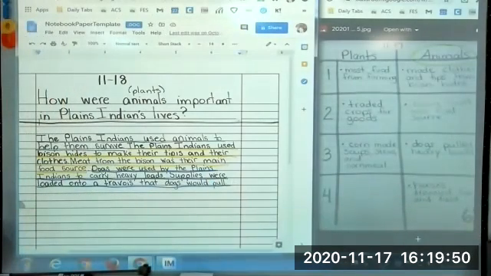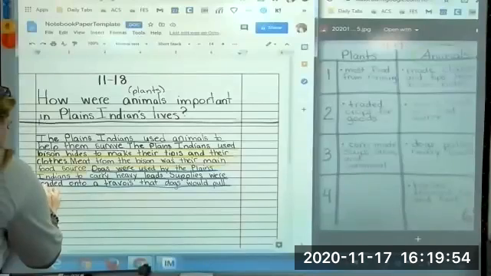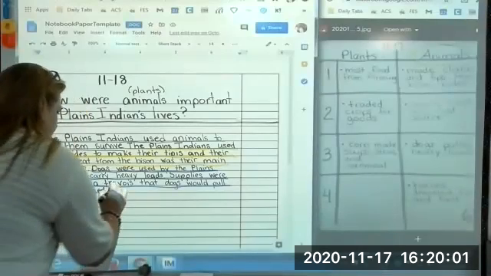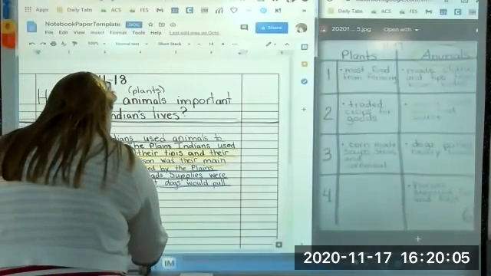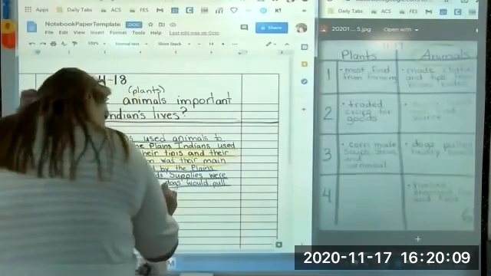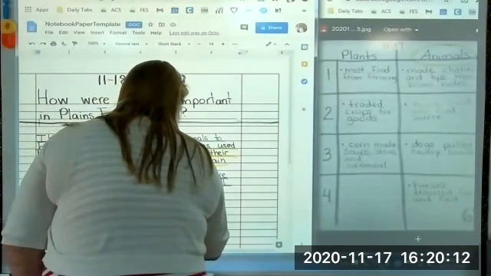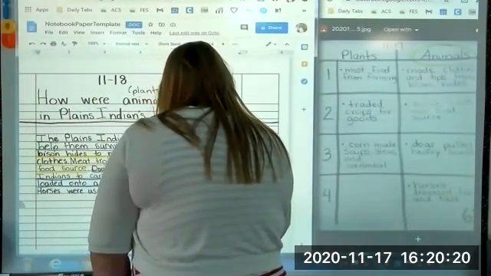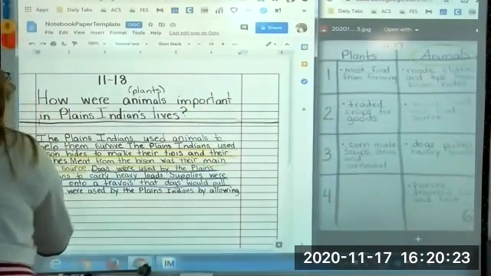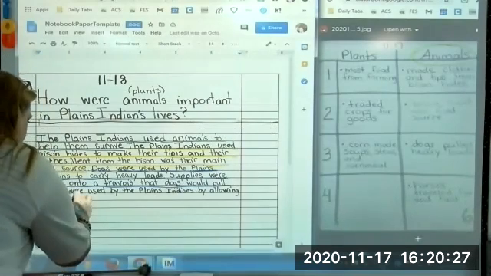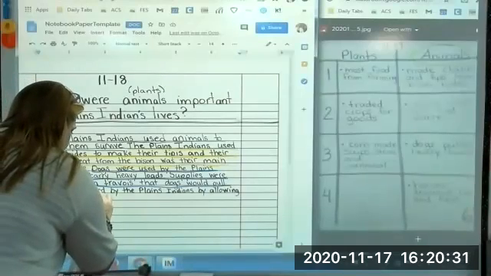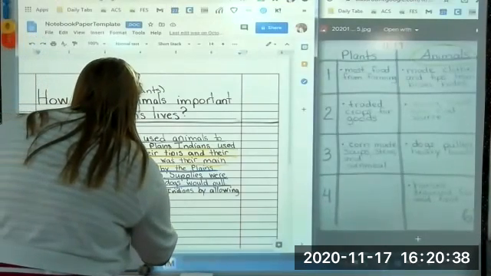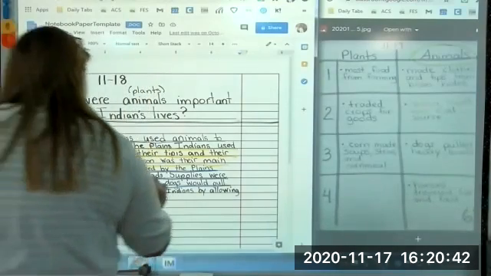So I am going to come down here and I'm going to say horses were used by the Plains Indians by allowing them to go farther and faster than walking.